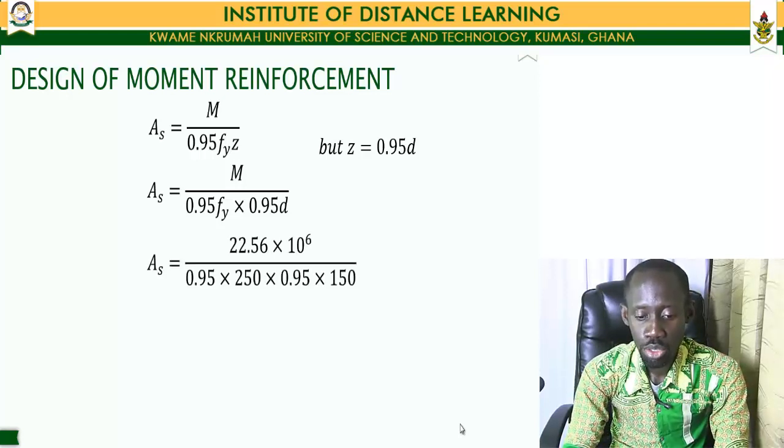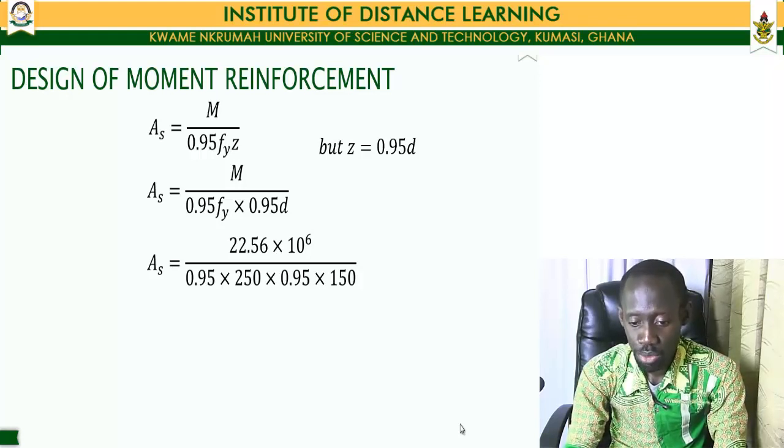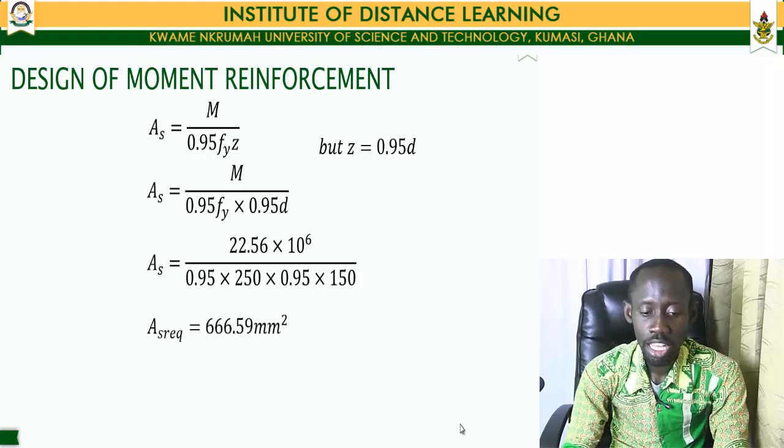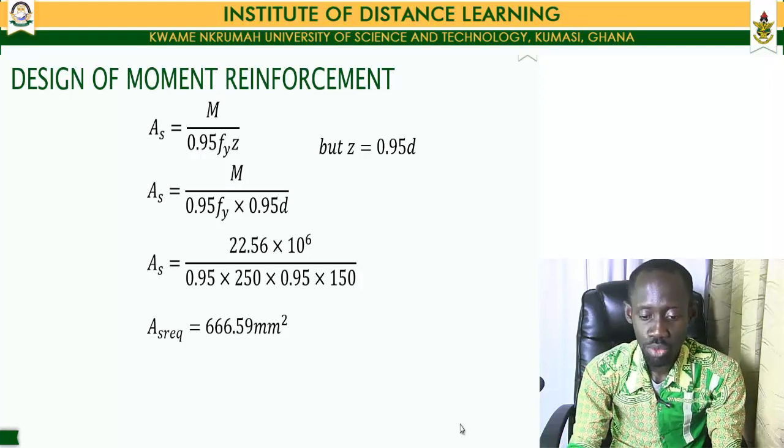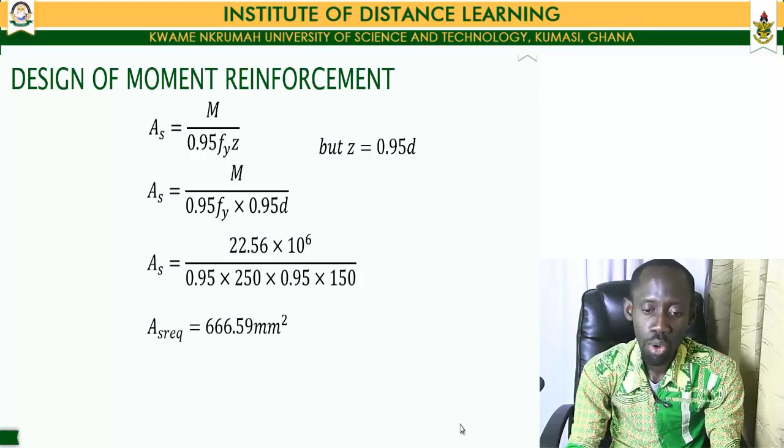Substituting the various parameters gives us our area of steel reinforcement being equal to 22.56 multiplied by 10 to the power 6, everything divided by 0.95 multiplied by 250 multiplied by 0.95 multiplied by 150. This yields a total area required for our pad foundation of 666.59 millimeters squared.